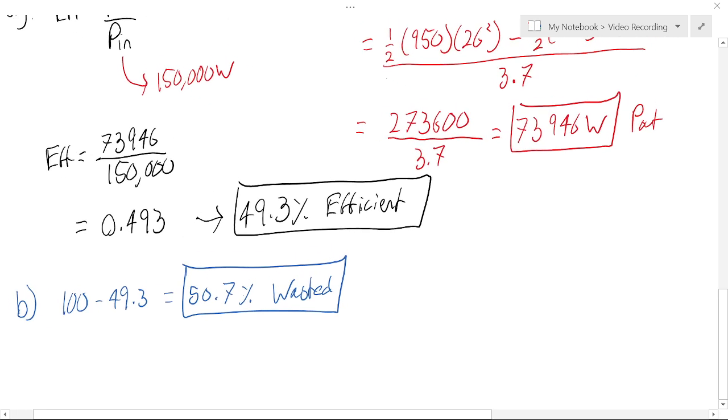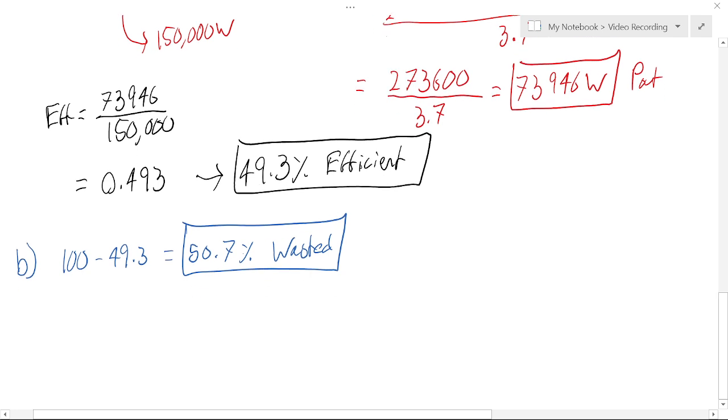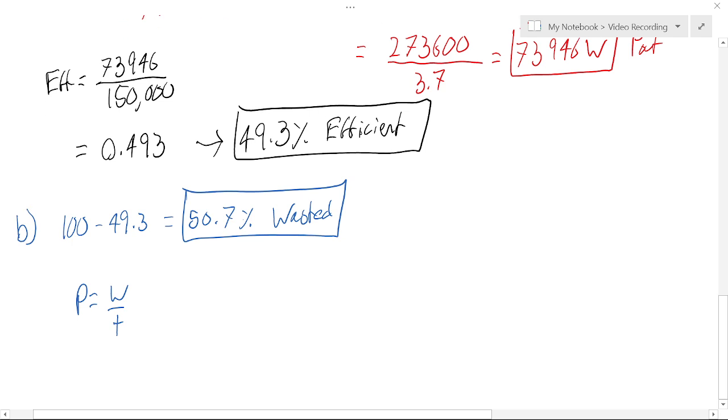So let's think about the total energy that the car gets. And we can find that by going 150,000. Here, let me explain further. Power equals work over time, or change in energy over time might be more appropriate here.